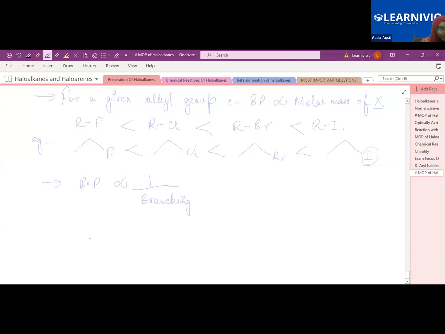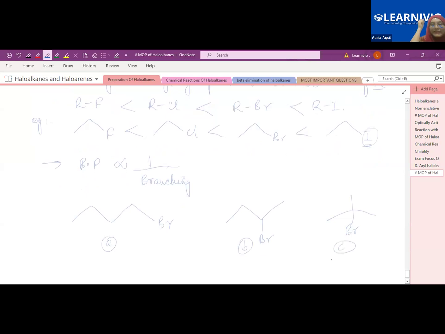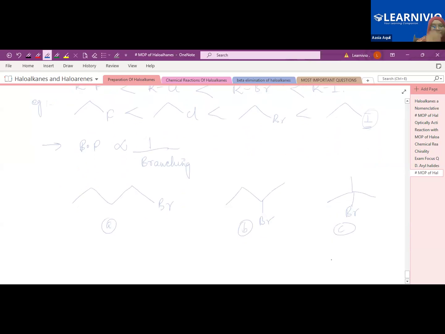For example, let's take this molecule. Suppose this is your A, this is your B, and this is your C. Now tell me which one has the least and which one has the highest boiling point among these three. Its boiling point is inversely proportional to branching.